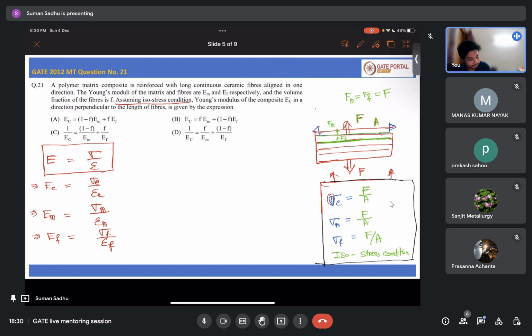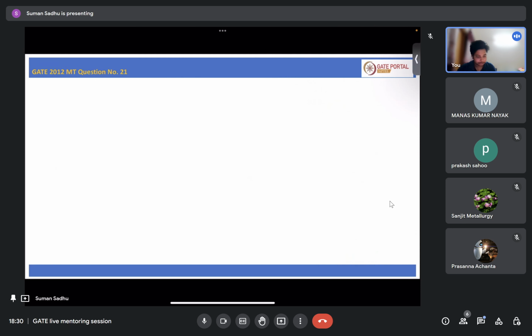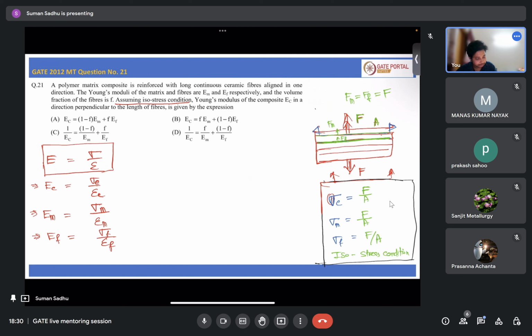Now, when you are deforming this in this direction, let's say after some time, it deforms like this one. So length increases a bit. So from the deformation geometry, what can you write?